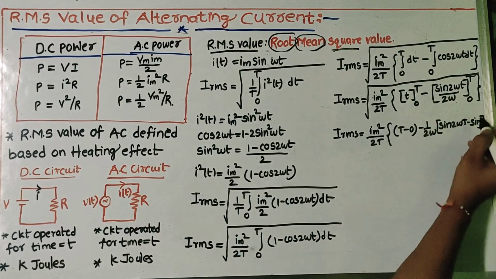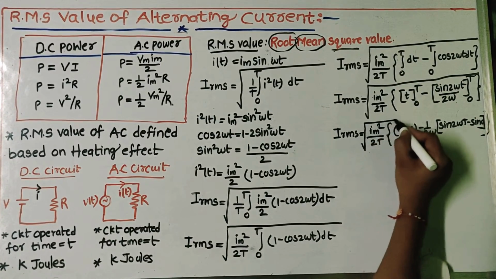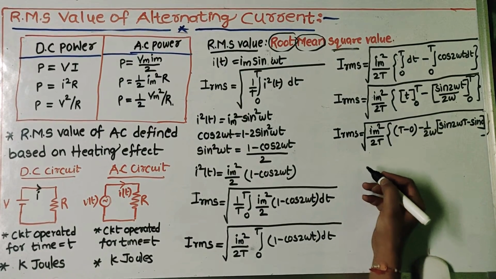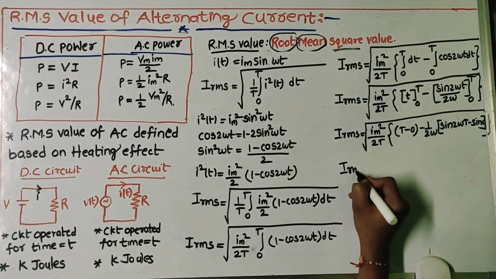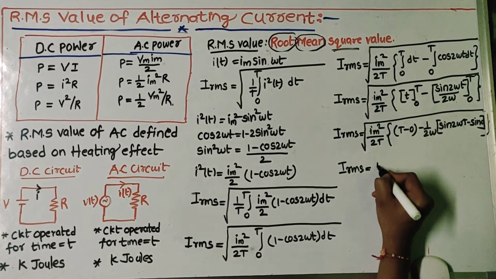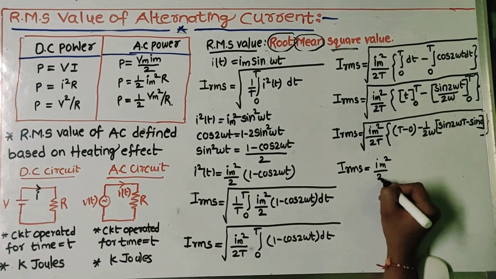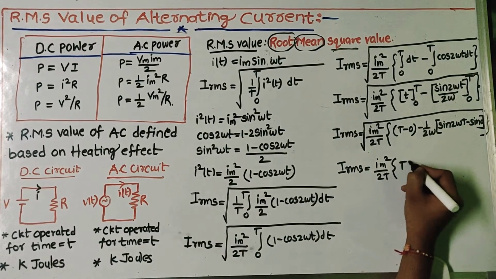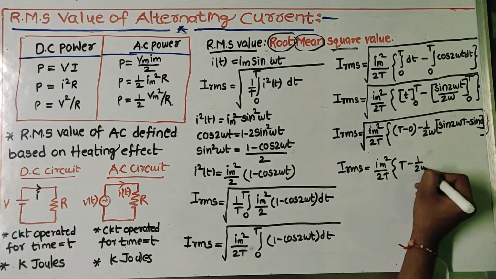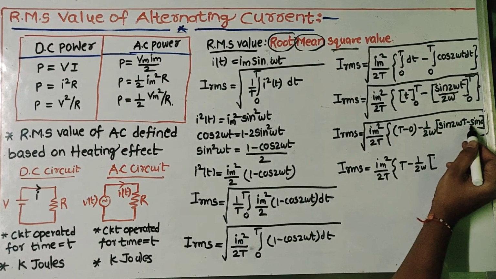We have to take the square root. Let's simplify this. Then IRMS is going to be Im square by 2T times T minus 0, T minus 1 by 2 omega, here sin 2 omega T minus sin 0.